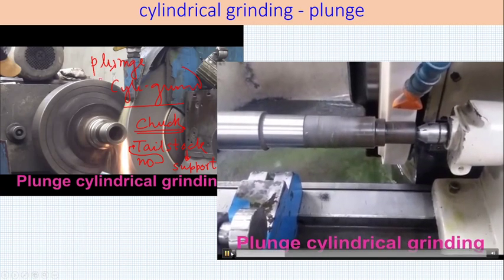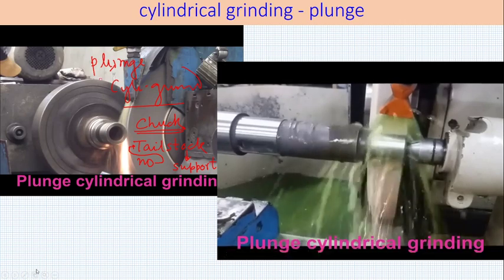Here, as you can see, you have a tailstock. This is a rather long shaft. Already these surfaces have been ground, possibly by traverse cylindrical grinding.